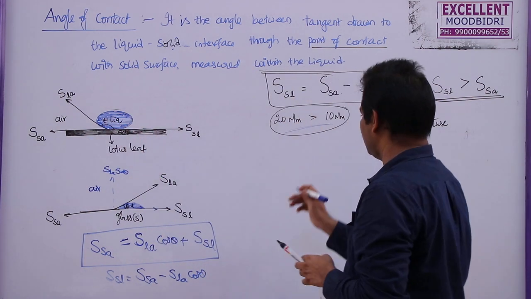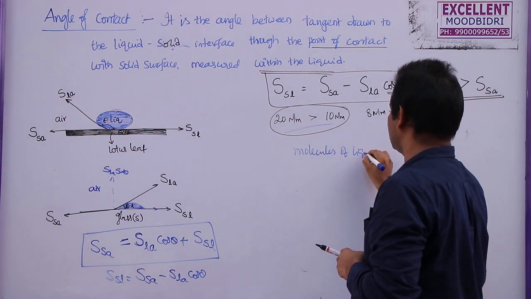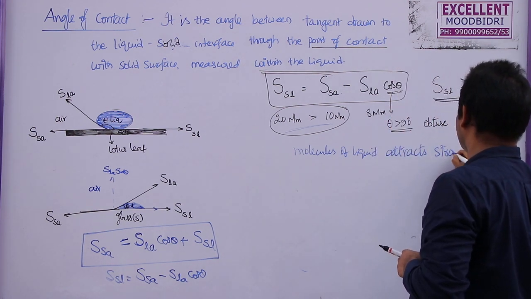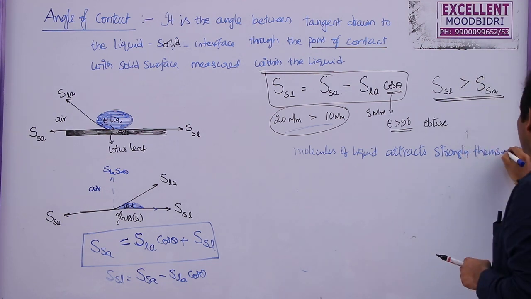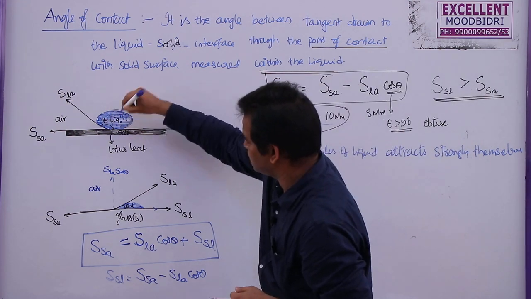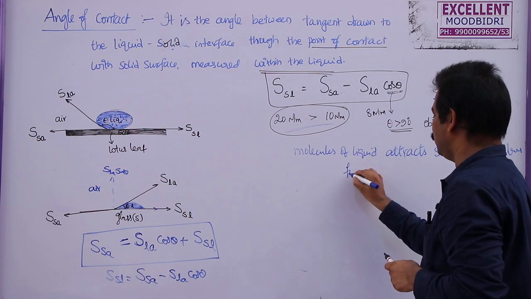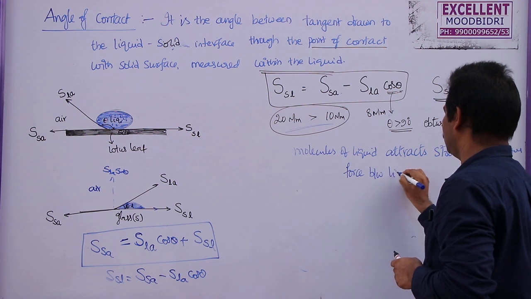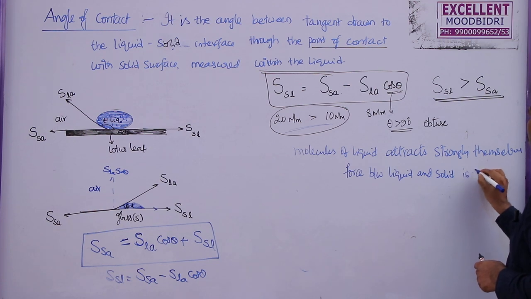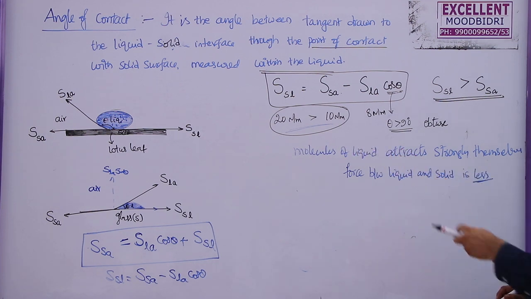That's why the molecules of liquid attract themselves strongly. Within the liquid the attractive force is more, but the force between liquid and solid is less. That's why water will not stick to the lotus leaf.